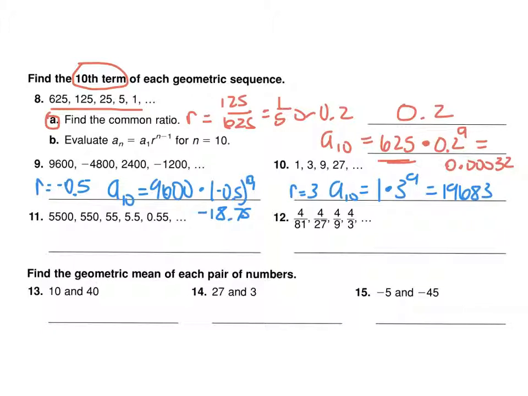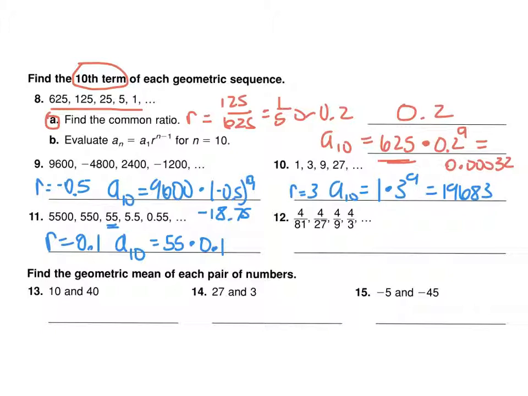In problem 11, the common ratio is R equals 0.1. Because when I do 550 divided by 5,500, I get 0.1. A sub 10 is going to be, let's do it with 55 this time just for kicks. 55 times 0.1. This time we're not going to raise it to the 9th power.